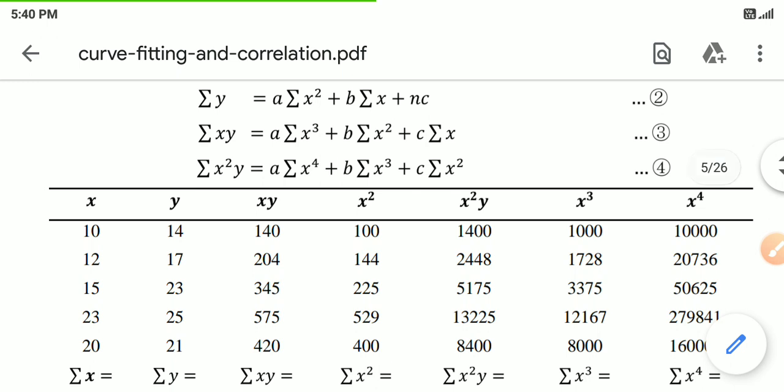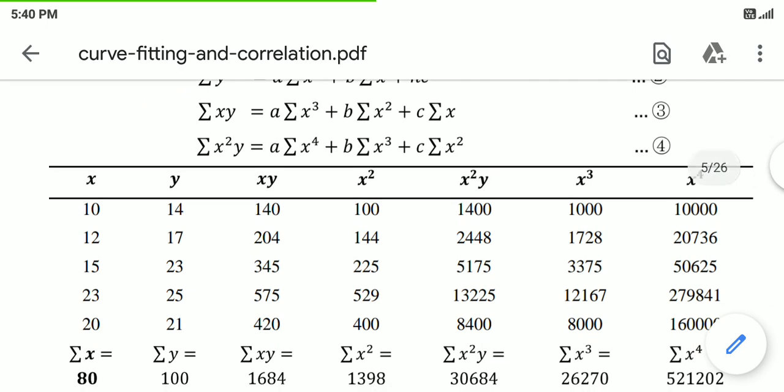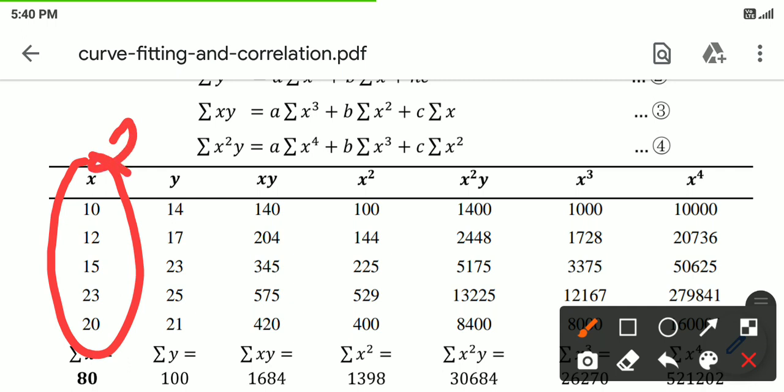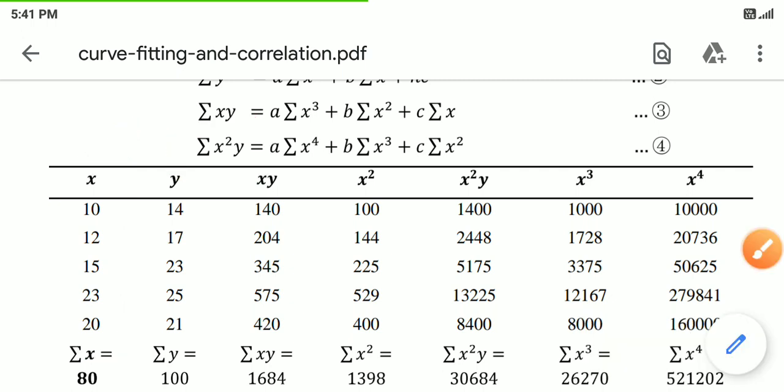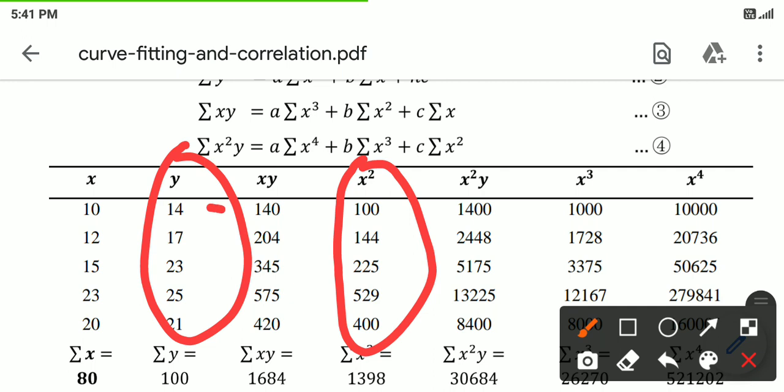Next is summation of x square. For all the values of x, first of all you have to square and then sum. What is summation of x square y? Here, first take the x square column and multiply it by y, then you get x square y.